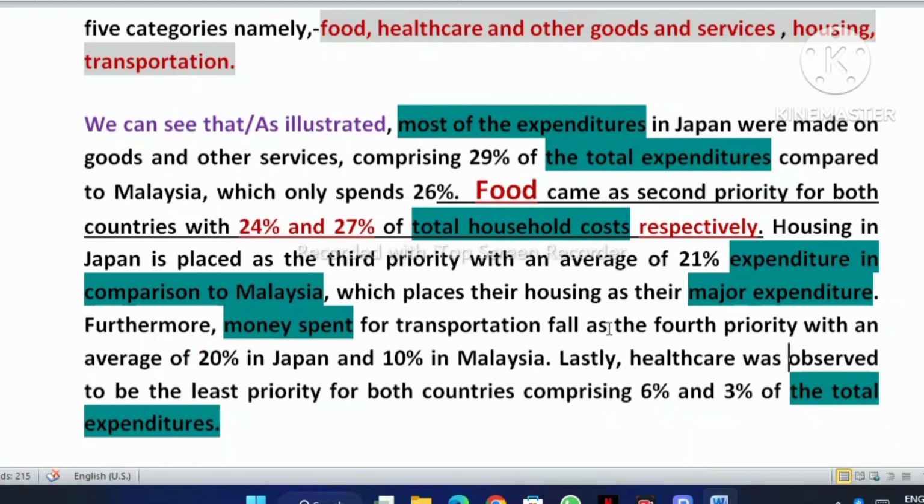Then our next connector is furthermore. Furthermore, money spent on transport fell as the fourth priority with an average of 20% in Japan and 10% in Malaysia.